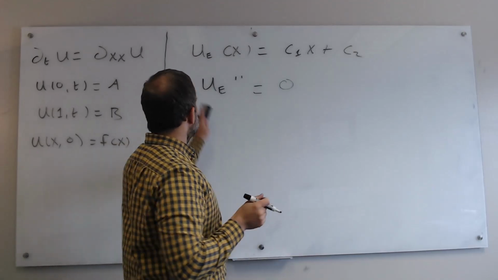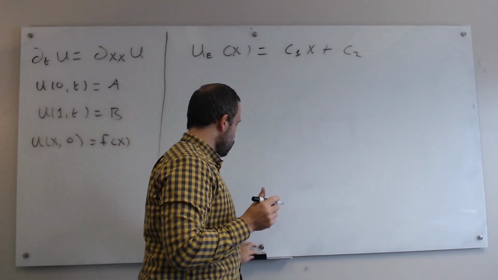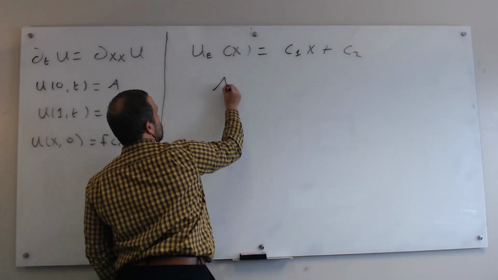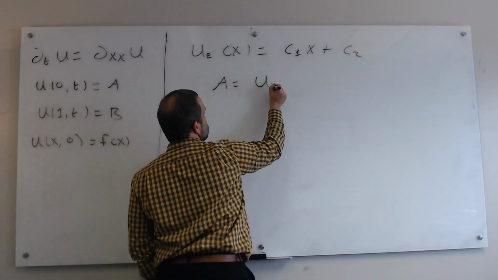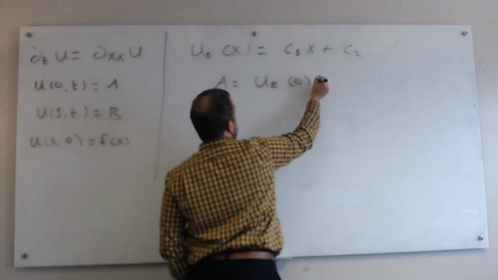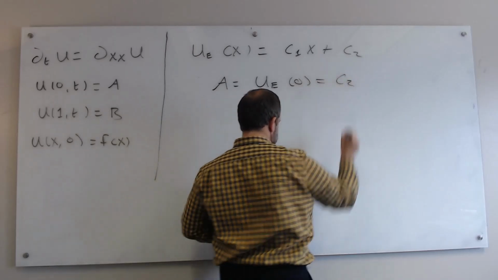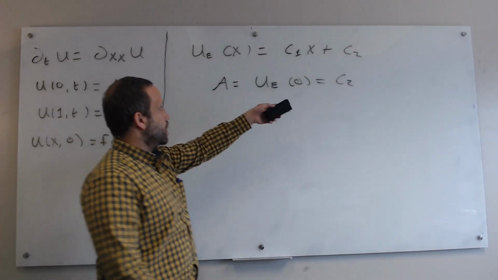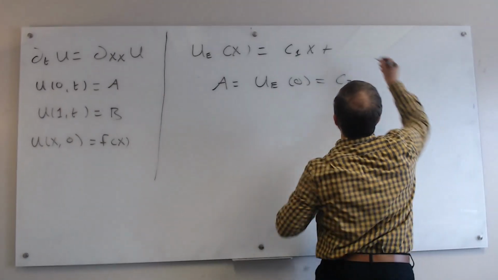And now the boundary conditions say that a is equal to u_e of 0, which is just equal to c2.